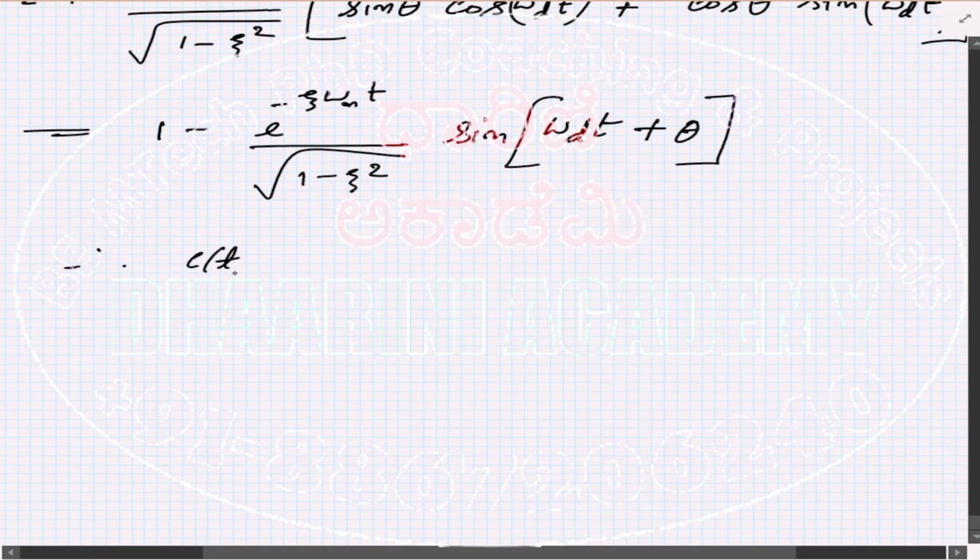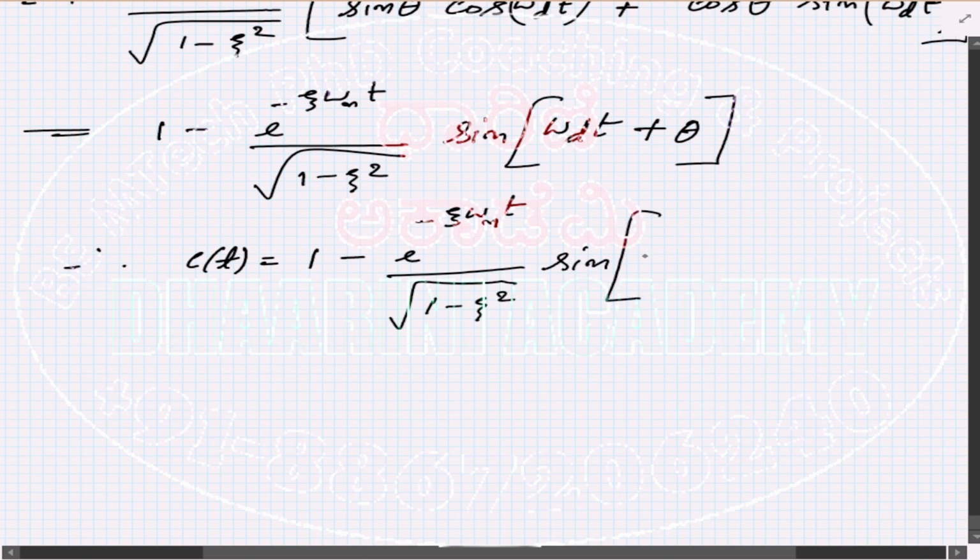Therefore c of t is equal to, this is the most preferred way of writing in the expanded format. You see, this is e to the power minus zeta omega n t. We are fine with this because it is standard notation, over root of 1 minus zeta square. This is also standard. So into sine of, don't write omega d, you write omega n root of 1 minus zeta square times t, because these are the two terms which define the second order system.